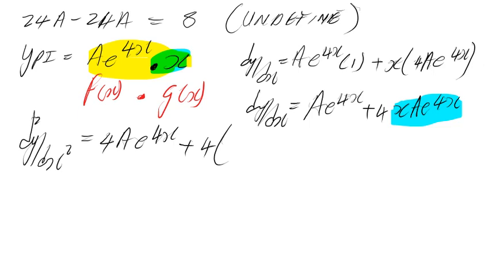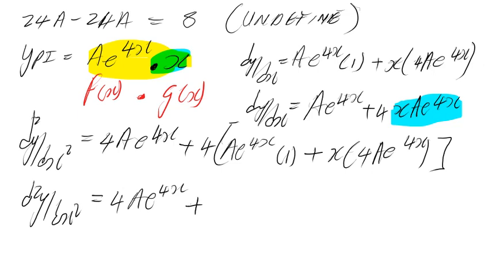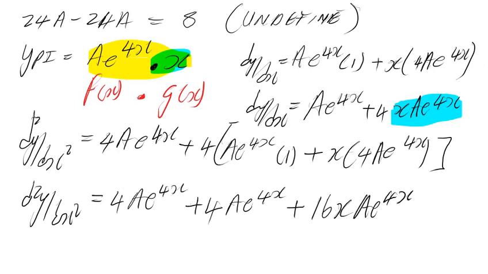So you'll have ae^4x times 1 plus x into 4ae^4x, close bracket, close another one, then d squared y over dx squared equals 4ae^4x plus 4ae^4x plus 16x ae^4x.